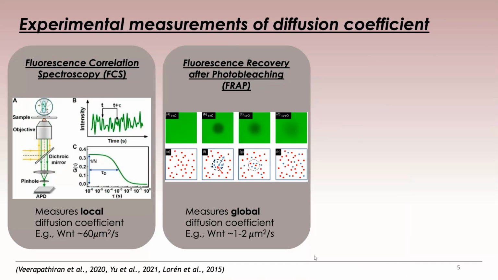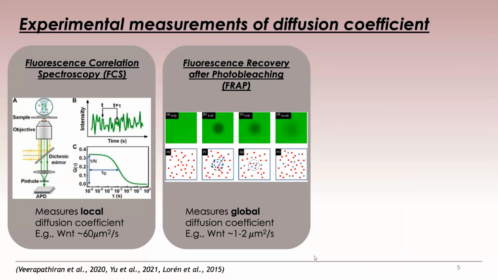So experimentally, how we measure diffusion coefficients of the particles, there are two experiments here which are important for the rest of the talk, so I'll try to explain them. Firstly, we have fluorescence correlation spectroscopy, or FCS for short. This is when we focus a laser beam on a very, very small area of our tissue. And this tissue has, again, fluorescent molecules.